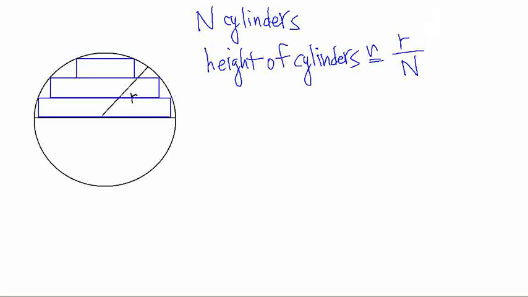Now, you can find the radius of each cylinder by using the Pythagorean theorem.